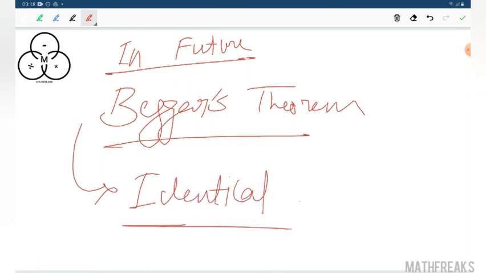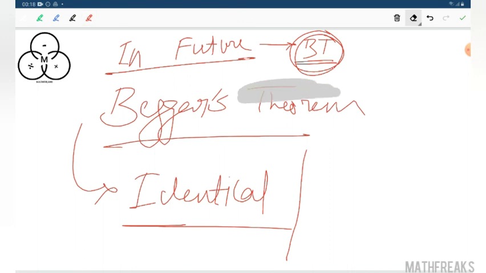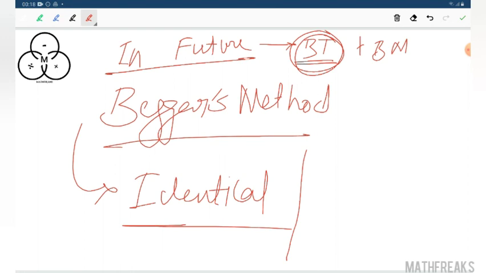That is the important thing. Another important thing is that we will see Beggars method with the binomial theorem, and then how we can generate functions using the binomial theorem to solve Beggars method's problems.